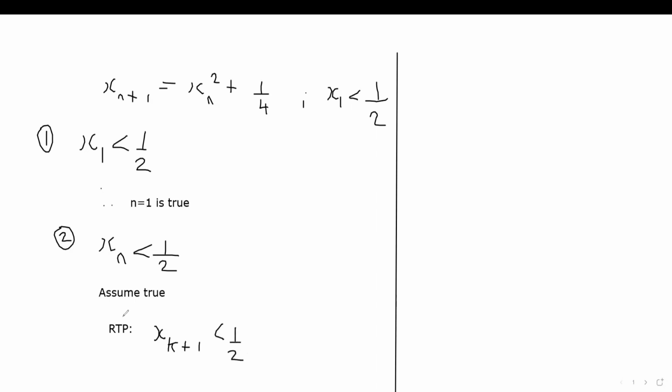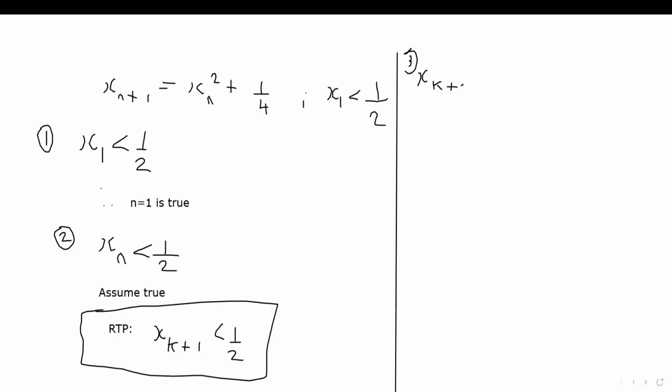Since this is what we're required to prove, look back at this right here. This is step 3. By the way, let me label this question: this is question 3A, the first part. For step 2, isn't it supposed to be xk?